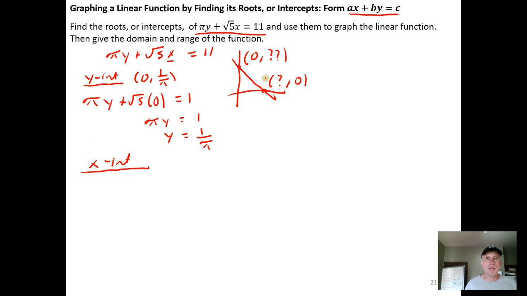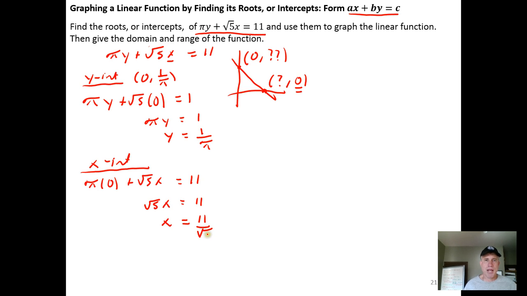And to find the x-intercept, we play the similar game. We just replace the y-coordinate now with 0. So we go pi times 0 plus the square root of 5 times x equals 11. Pi times 0 is 0. 0 plus root 5x is just root 5x, and that's going to equal 11, and then divide both sides by the square root of 5, which is the coefficient on the x variable.